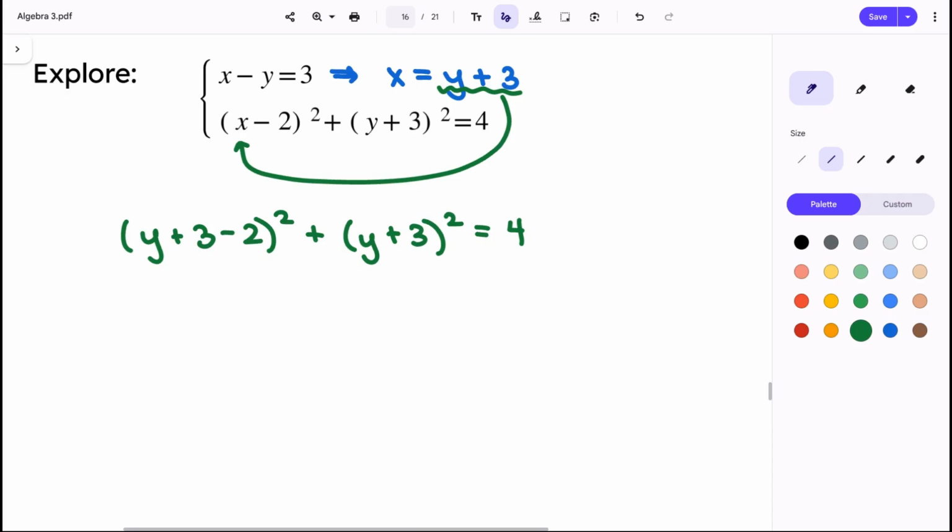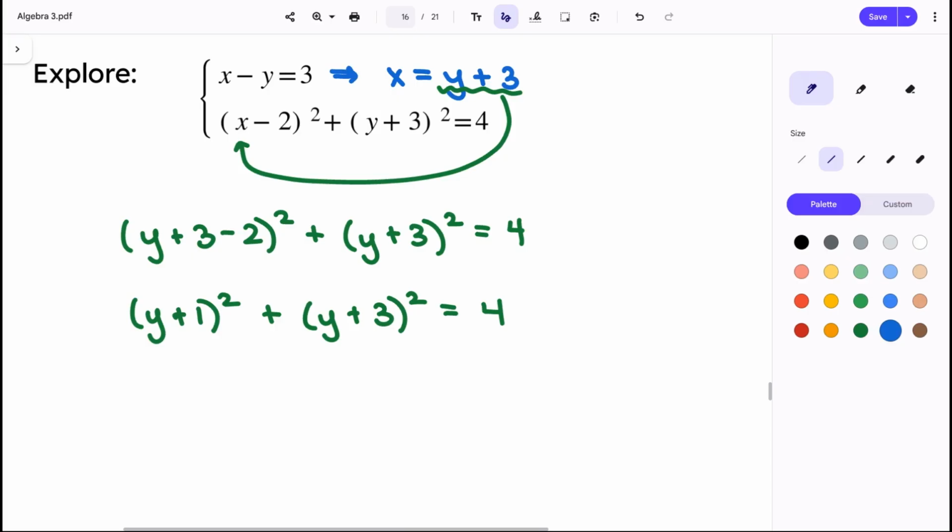Let's clean it up a little bit. So this first set would just become a y plus 1. You have a couple options if you want to try to solve this.